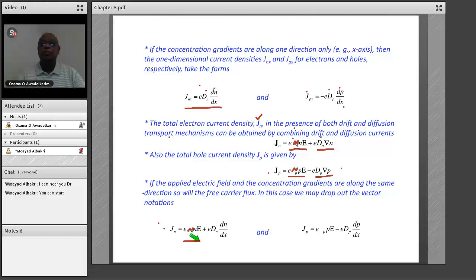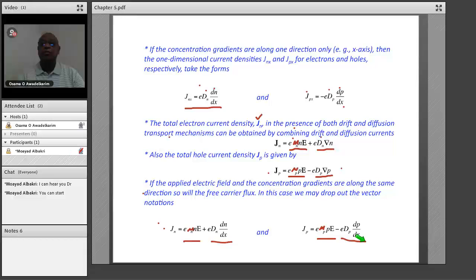And here we have the diffusion part for electrons. Similarly, in a p-type semiconductor, here we have the drift part because of the electric field, and here we have the diffusion part because of the gradient.